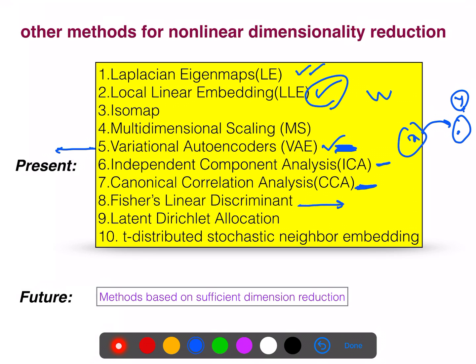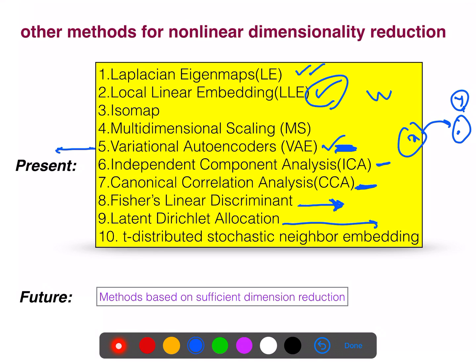Fisher linear discriminant. You understand this method when you get familiar with things like support vector machine and classifiers, and you see how classification could be useful. Ideas from classification could be useful for dimension reduction as well. Latent Dirichlet allocation.